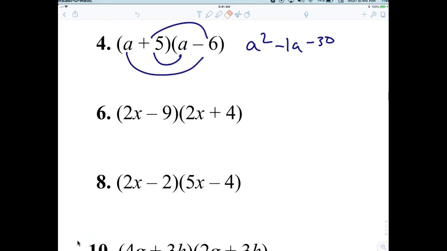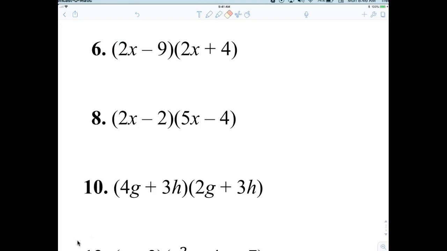All right? Now, a little bit harder. Here we go. So I have 2x times 2x, 4x squared. Now, the smiley face. Negative 18 and positive 8 gives me negative 10x. Negative 10x.